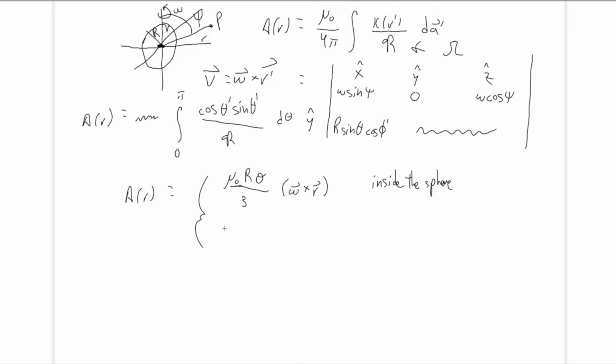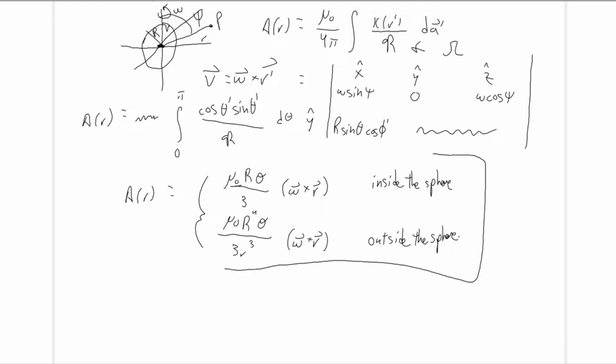And we're also going to be left with mu naught R to the fourth sigma over 3r cubed, omega cross r. And, I bet you could have guessed it, that is outside the sphere. So this is our general solution for the magnetic vector potential of our spinning sphere.